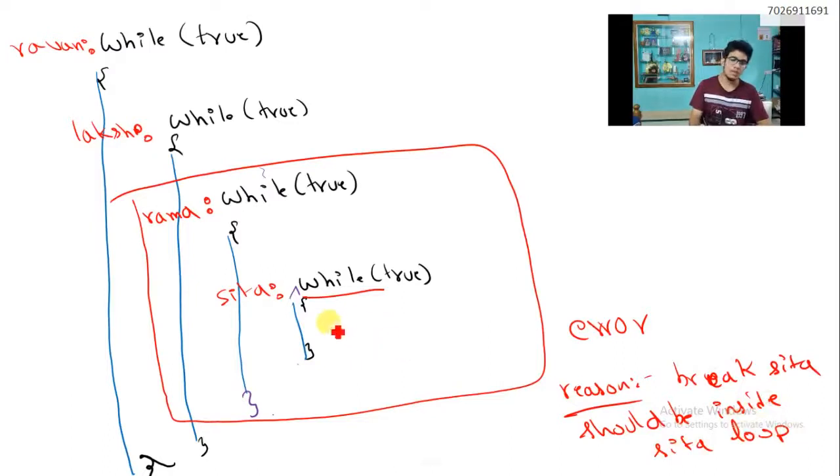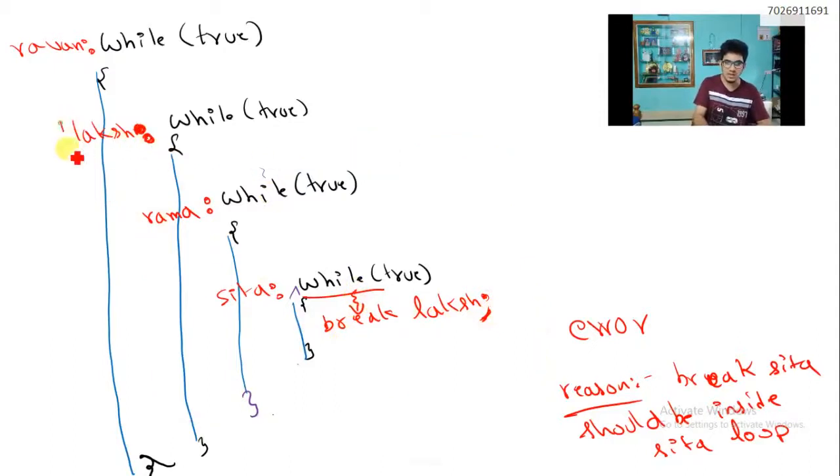From here, if I tell break Laksh, see, here you should not give a semicolon. Here it is a colon, but when you execute that statement, it is a semicolon. If you tell break Laksh, when control comes to break Laksh, immediately, which is the Laksh loop now? This is the Laksh loop.